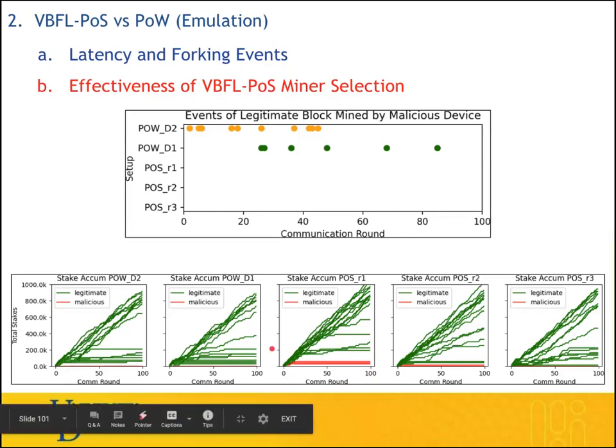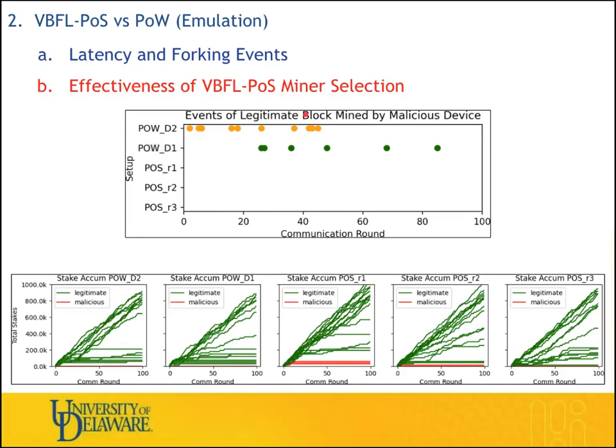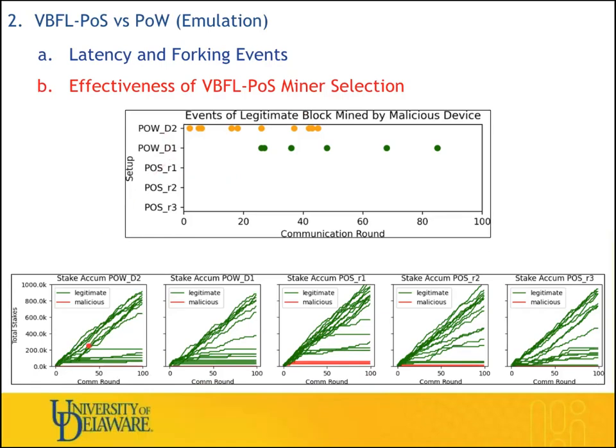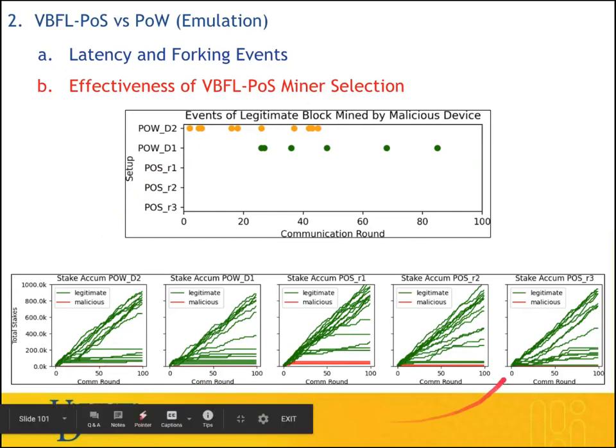I forgot to mention that kick R is set to 6, so probably some malicious devices got kicked out early. But although these stopped increasing early in both POW runs, there were still events where a malicious device was selected as the winning miner. So POW does not take advantage of this stake information, which POS does.